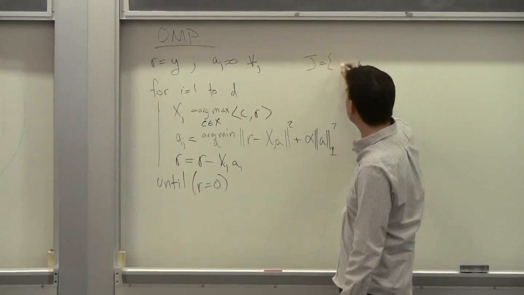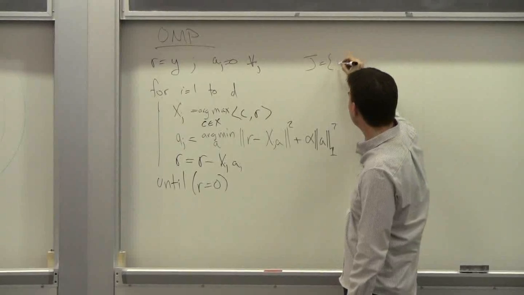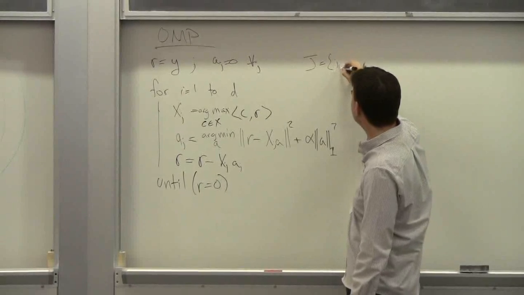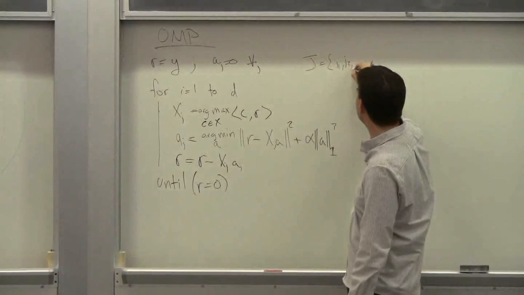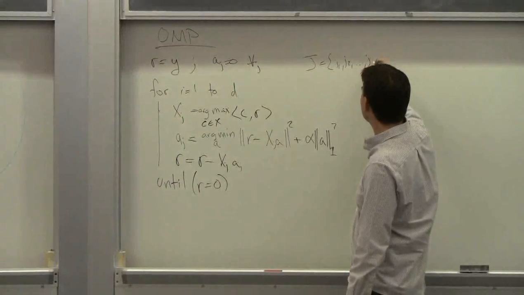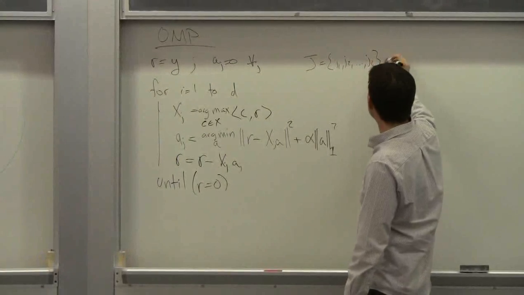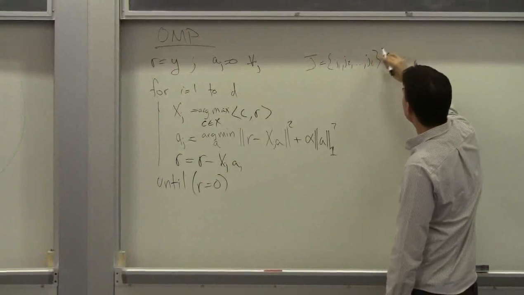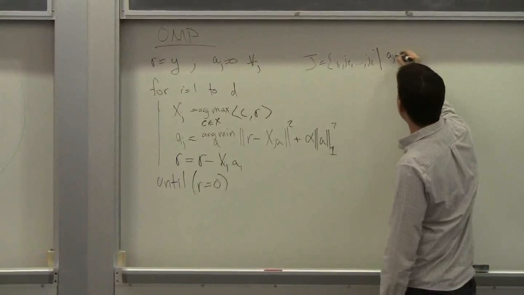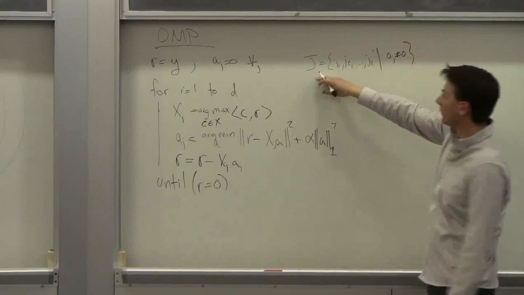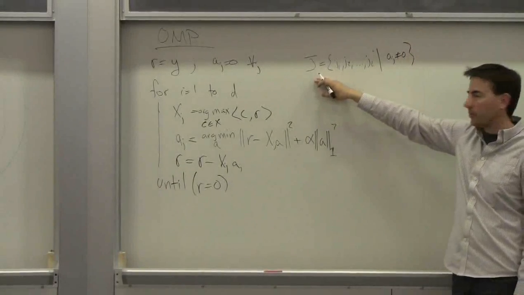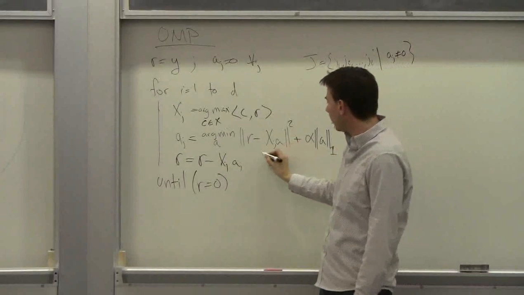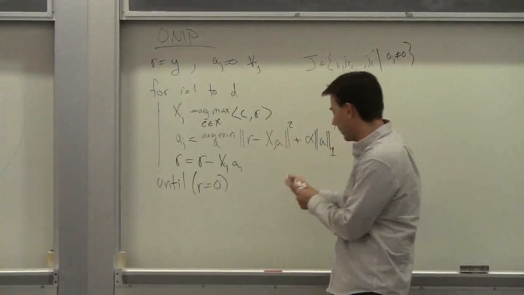So J is going to be the set of J1 through Ji, such that Aj is not equal to 0. Right? So I have this set of these columns which have been set, and then I can solve this instead.